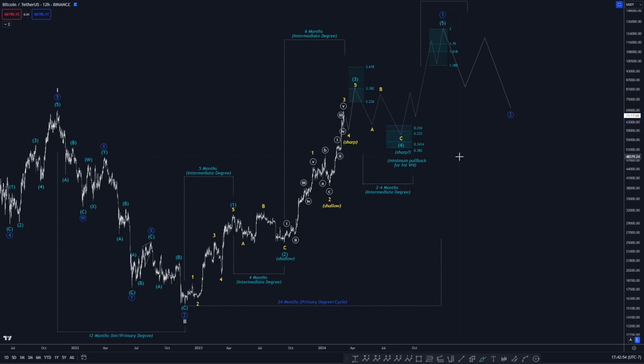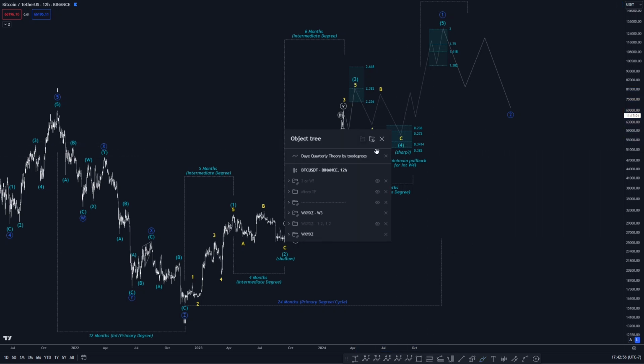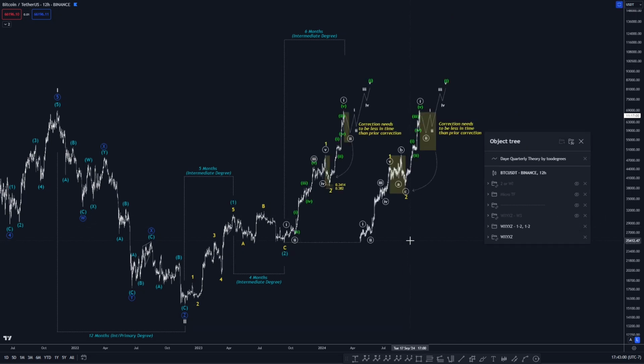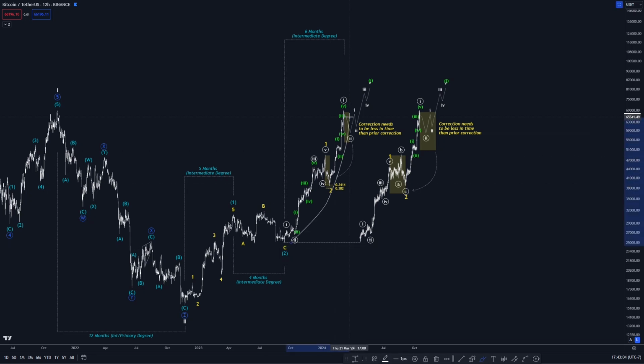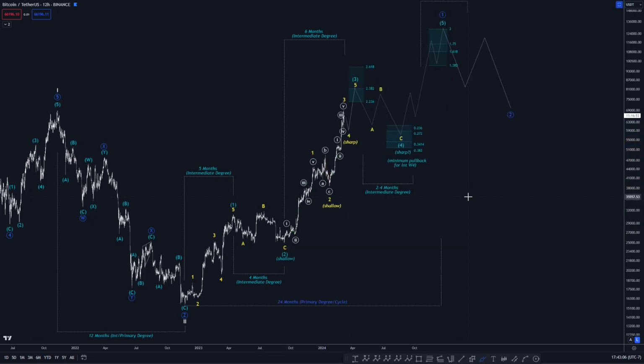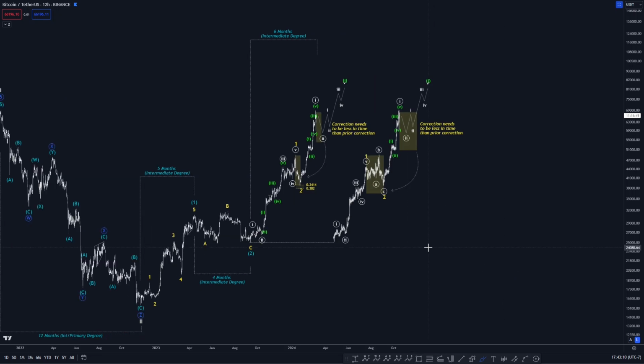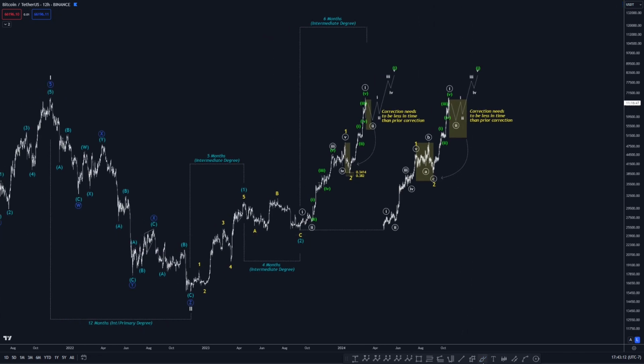So it's a more bullish perspective, which is something that we have been monitoring. This actually was our primary count, but then due to the timing of this impulse up, I saw it more as this. But originally, we were looking at something like this, where this is actually a 1, 2, 1, 2.